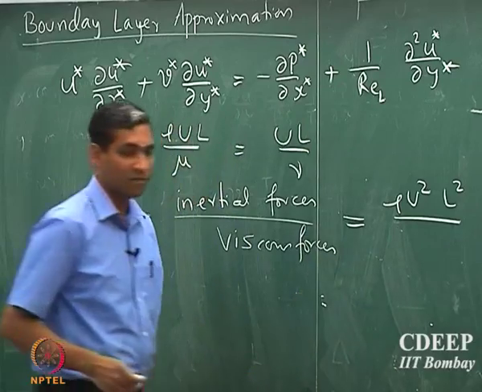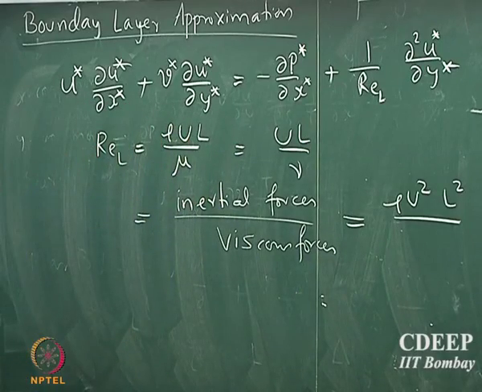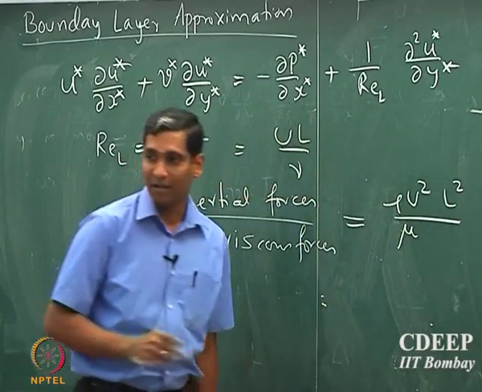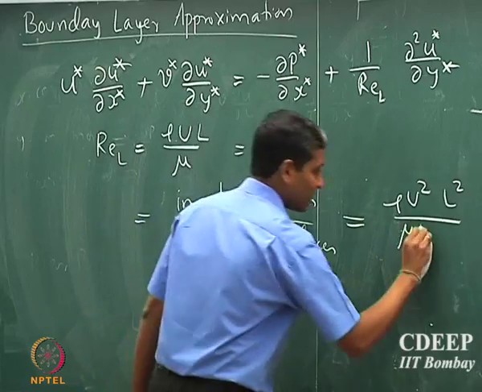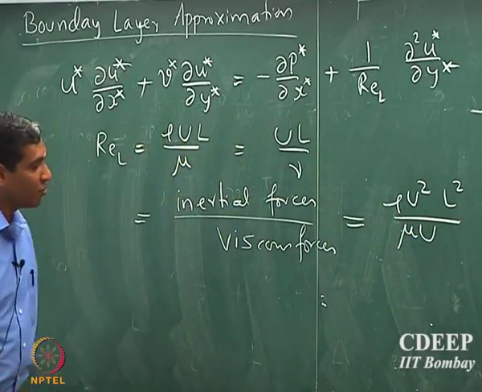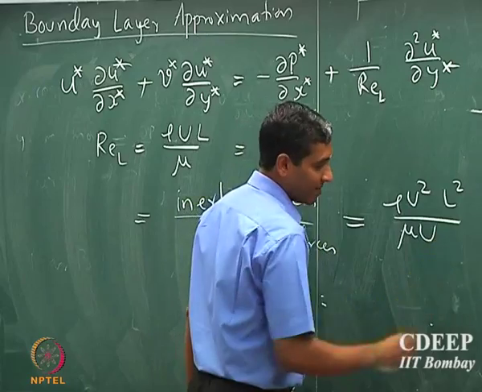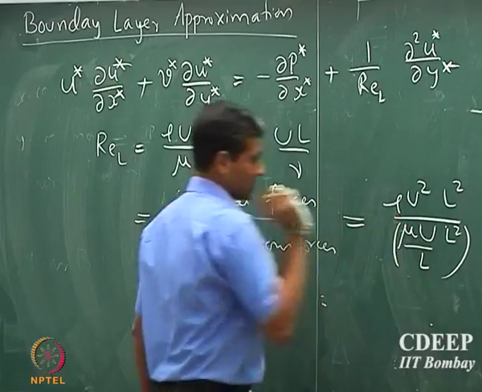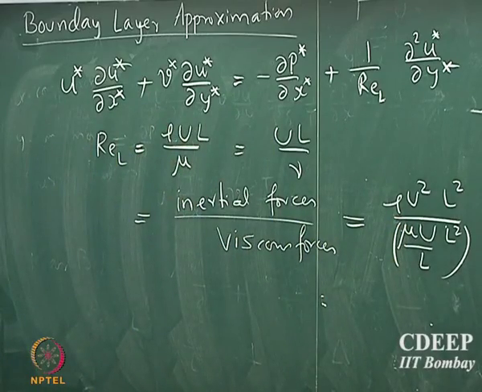And what about the viscous forces? Mu U over L multiplied by L square, okay. So that is what gives you the ratio of inertial to the viscous forces.